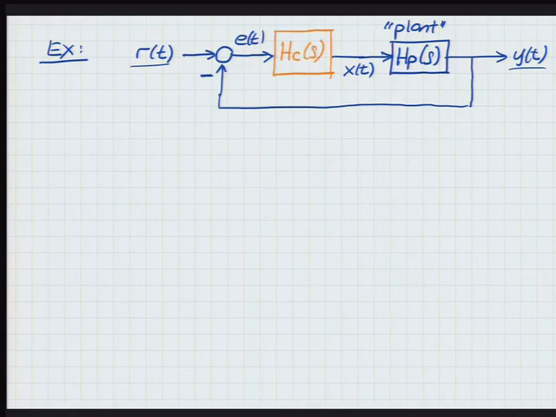Of course, we'll talk about some of those. Not in great detail, obviously, because we don't have that much time. But if you want to learn more about this line of work, you would take 128 in the spring. All right, so then the question is, if I want to understand the transfer function from R to Y, what would it be?